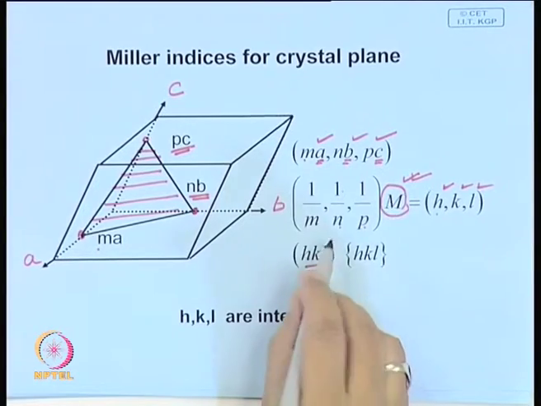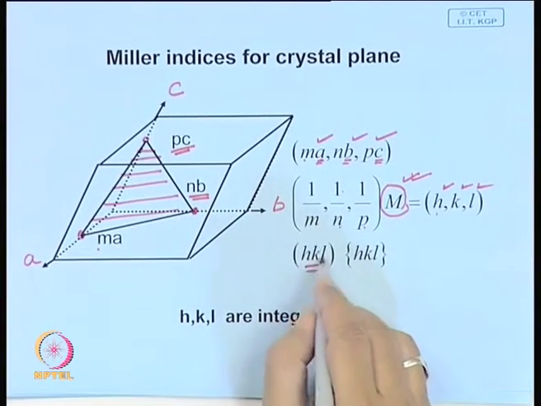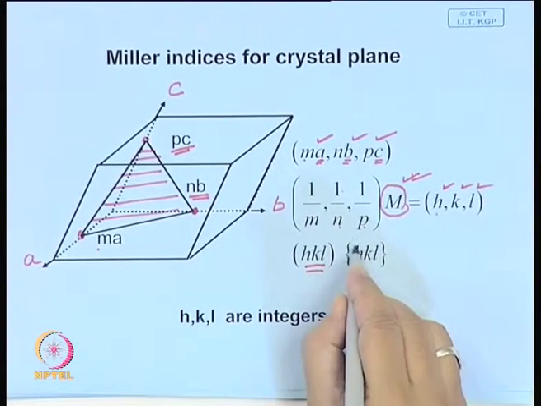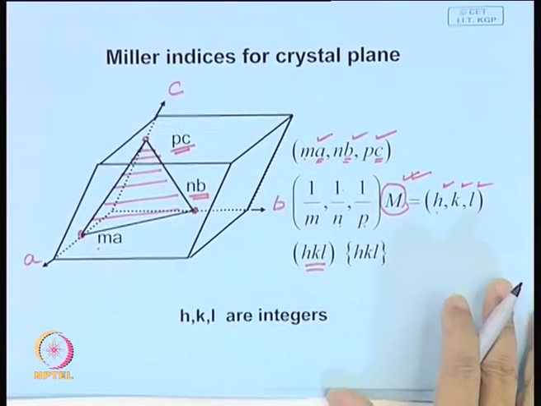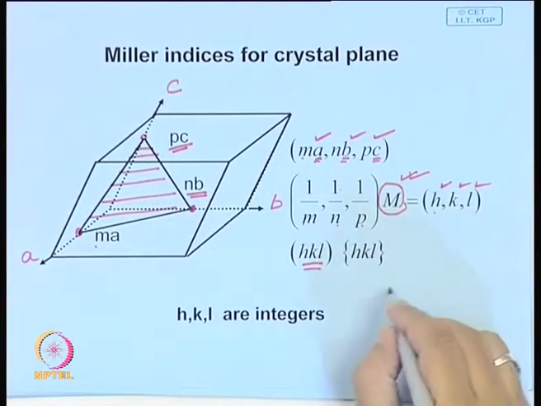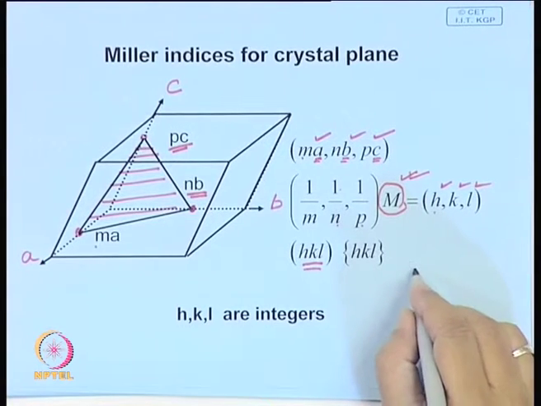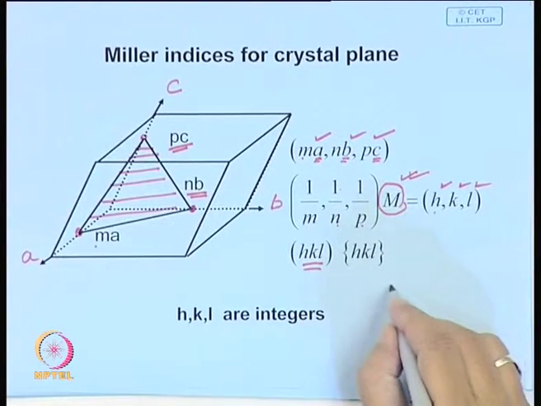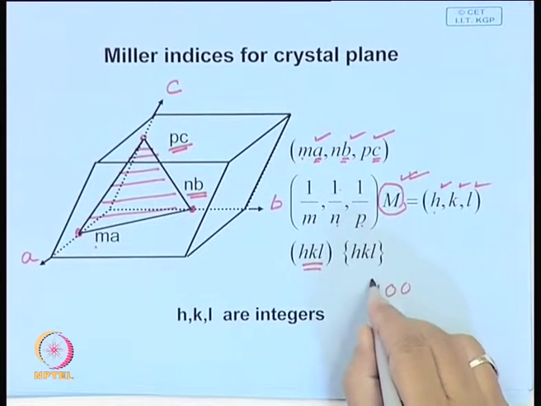And in a crystal, you may have a set of similar planes. When you have a set of similar planes, you represent it as {h k l}. Suppose in a cubic structure, what do you mean by similar planes? Say, in a cube structure, you look at a cube plane which you will represent as 1, 0, 0.